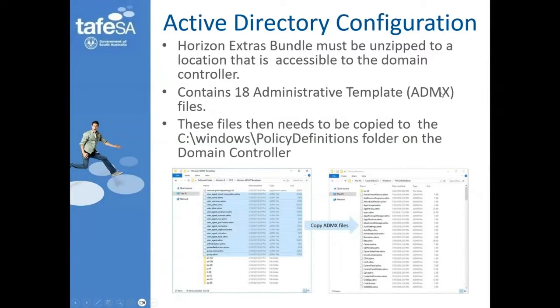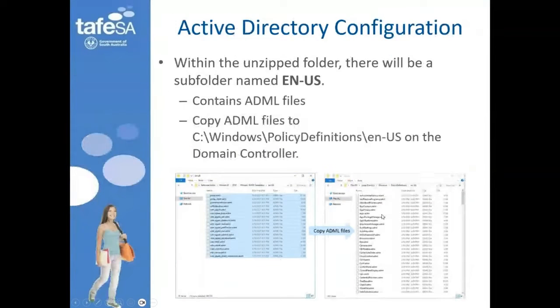It contains 18 administrative templates, or ADMX files, and these files need to be copied to the C:\Windows\PolicyDefinitions folder of the domain controller. It has to be in that folder. If it's not in that folder, the group policy won't be able to find it. It's just like you wanting to read a book. If it's not in the library, how can you find the book? Same idea. It has to be in there.